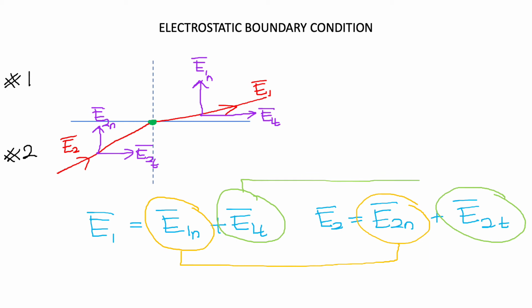So now I'm going to name this normal analysis as boundary condition number 1, or I can name it as the normal component.